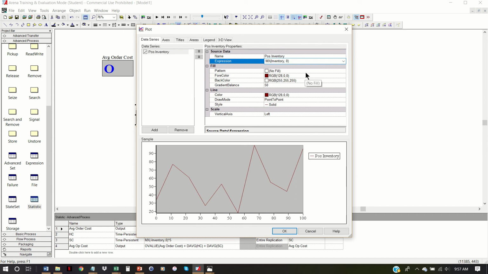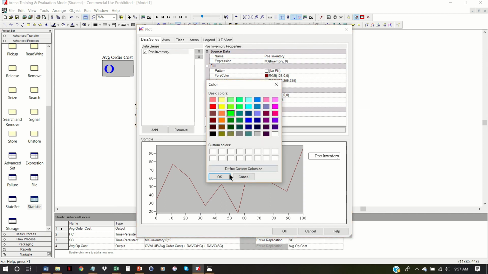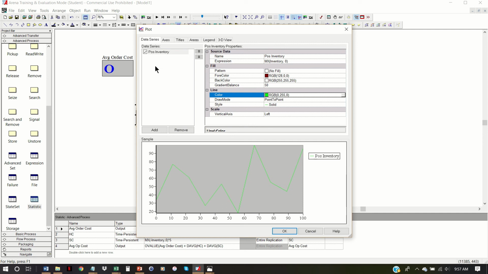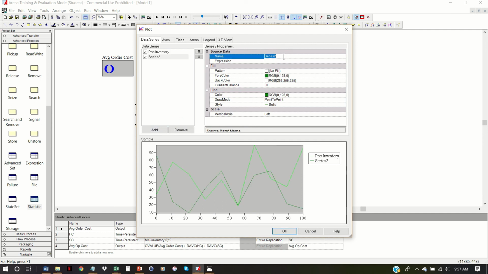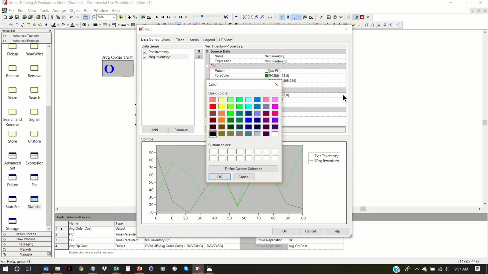And we can make this color green. Okay. We can add a second series. We can call this negative inventory. And this expression is going to be the minimum between inventory and 0. So this will be the plot when it goes negative. So we'll put this line in red.